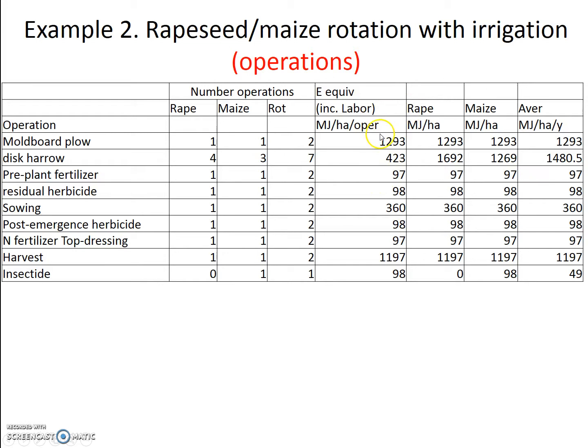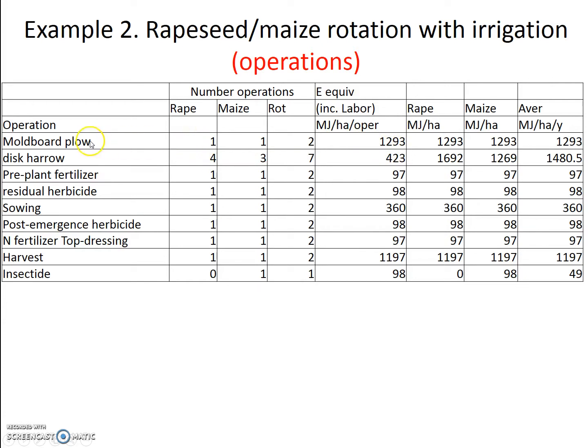Here in the table we write down the values of the energy required per operation taken from the tables. So the amount of energy required is obtained by multiplying the energy equivalent by the number of operations.